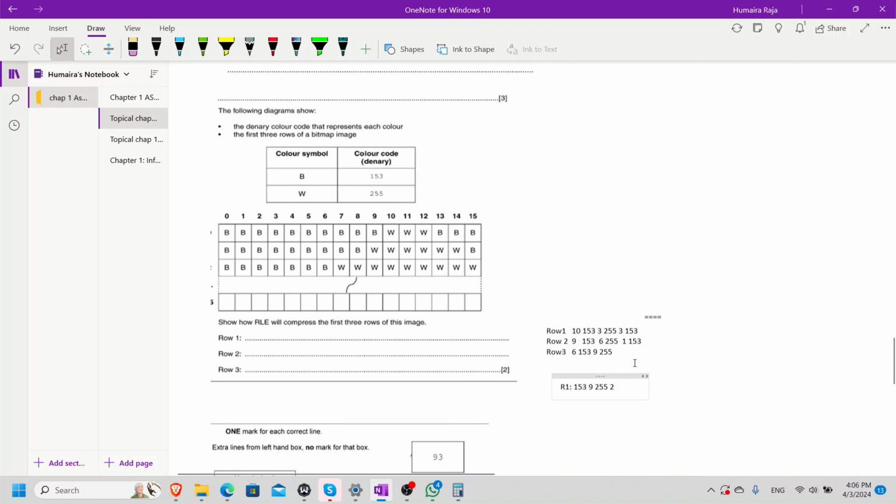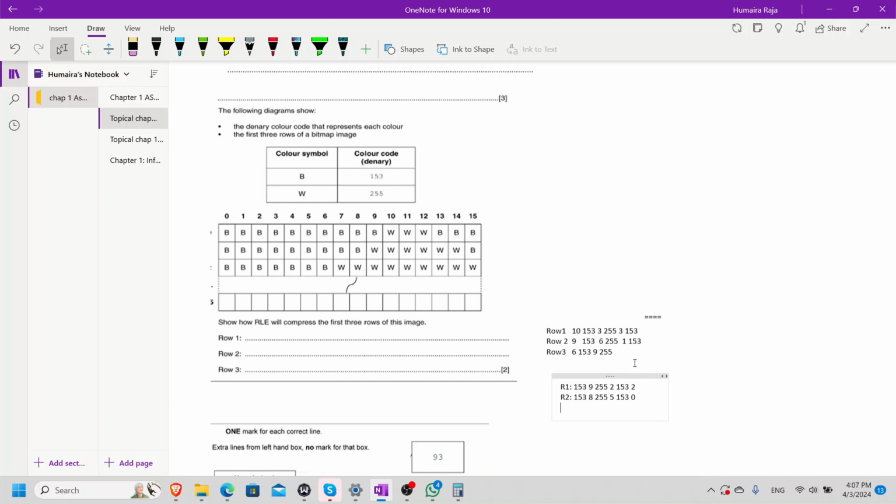Then 153 and 2 for black. Similarly for row 2, I will be using 153 and 8 blacks, then 255 and 5 white, then 153 and 0 for black.